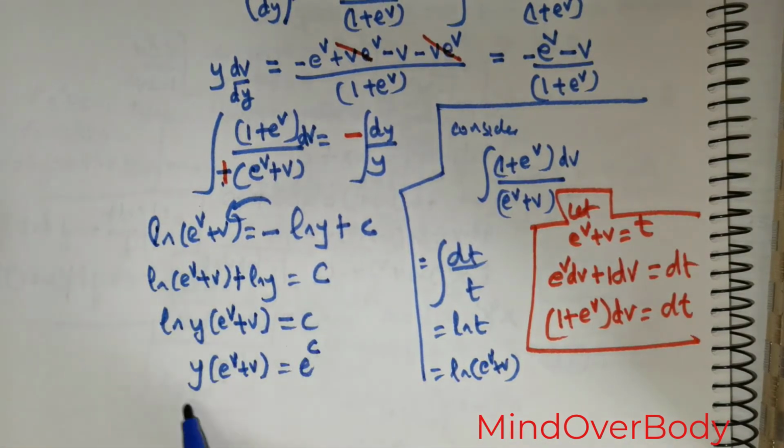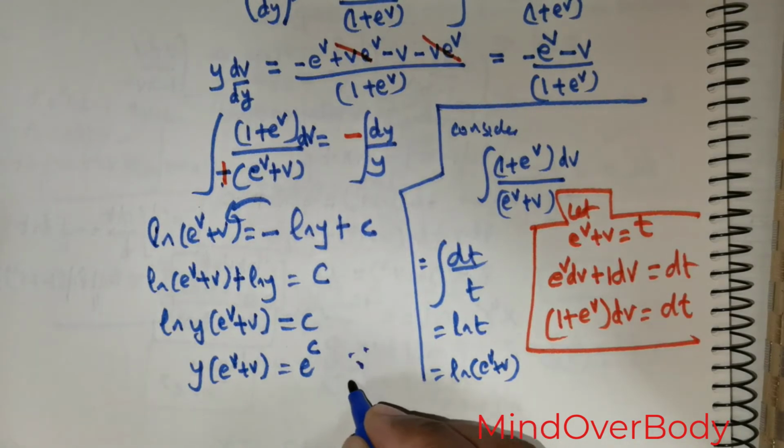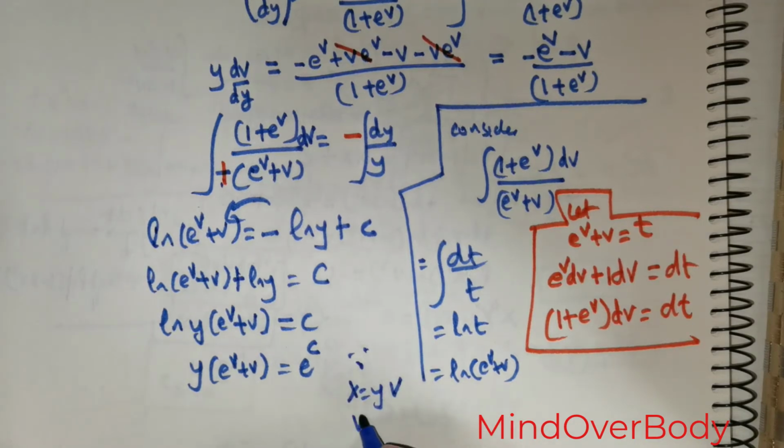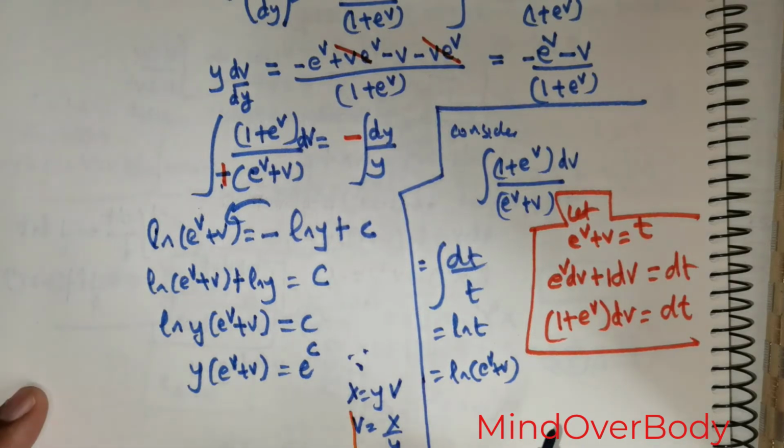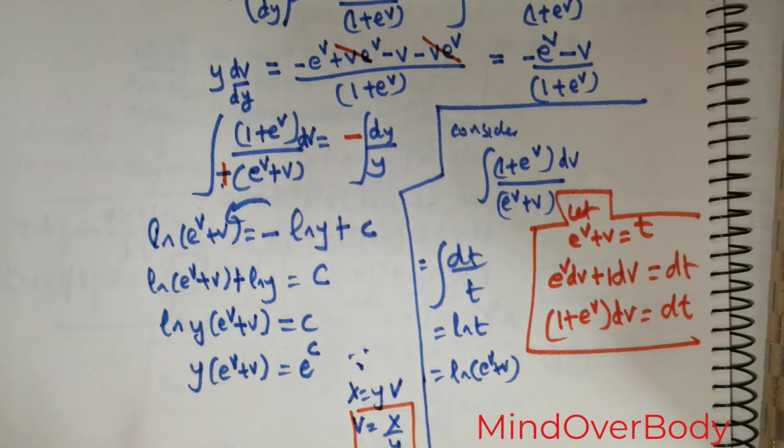By properties of logarithm I am able to do this. But since x is equal to y times v, my v is x over y, so I can use v is equal to x over y over here.